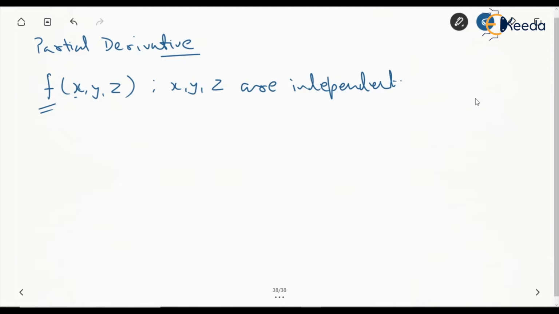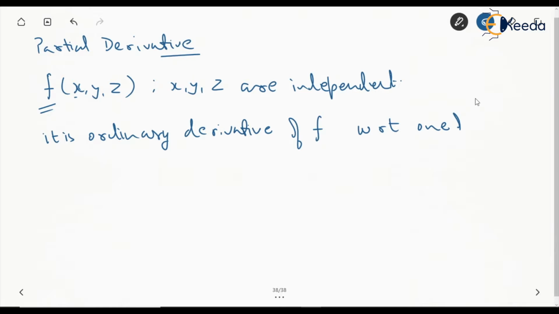So it is the ordinary derivative of f, in the sense f of x, with respect to one of the independent variables, keeping all others constant or treating them as constant.